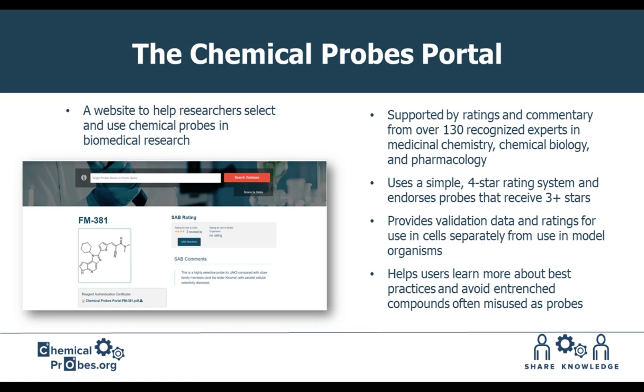Just to show two examples, this is the chemical probes portal. This is a website where you can find information on quite a number of chemical probes, and you can actually deposit your own chemical probe on these portals, and it will then be evaluated by experts and rated. This is a very easy way and good way to make it available to the scientific community.